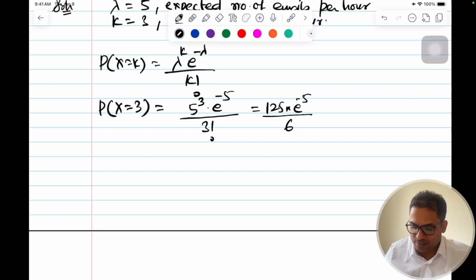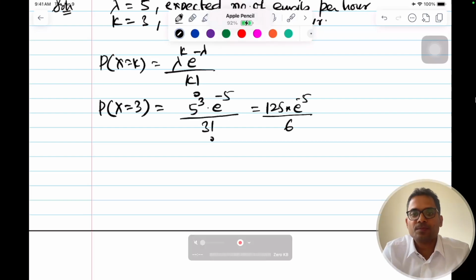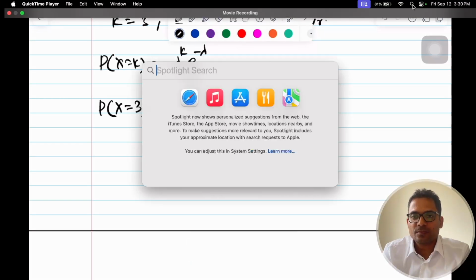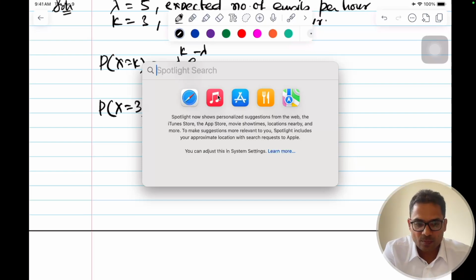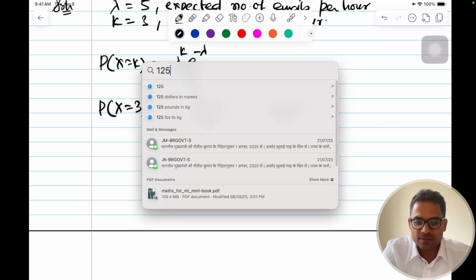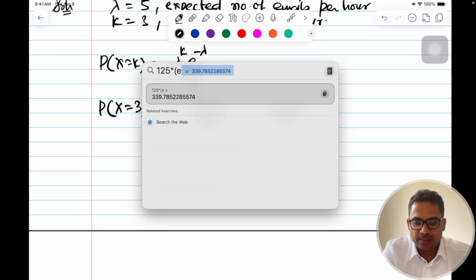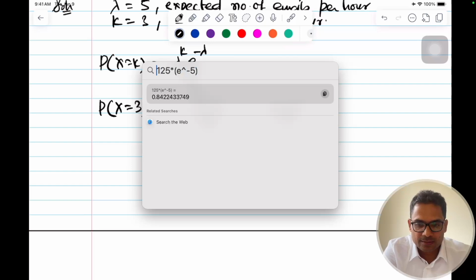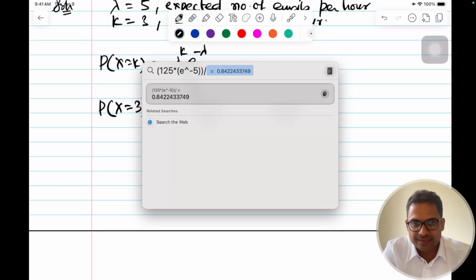Let's do a quick calculation. We have 125 into e to the power minus 5, and this whole thing should be divided by 3 factorial, that is 6.